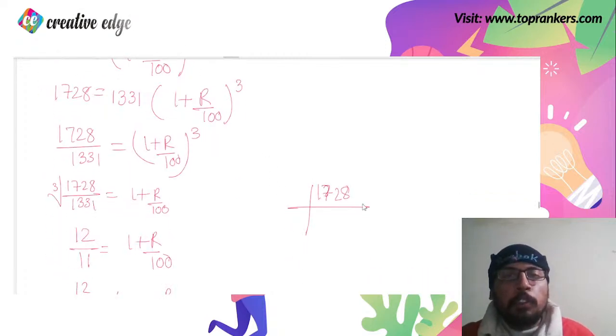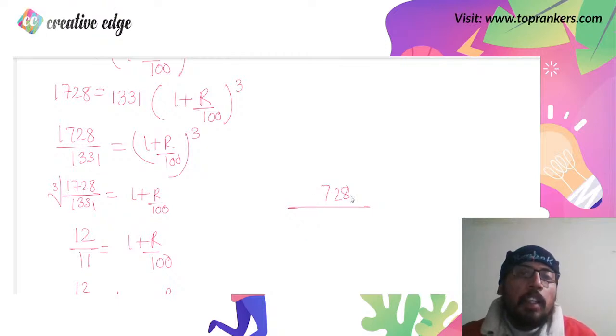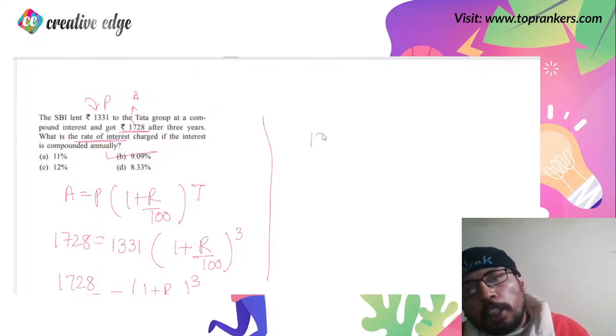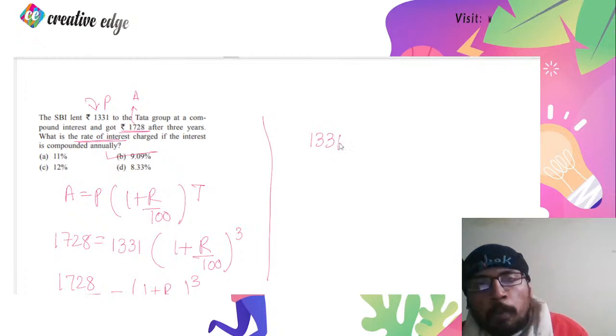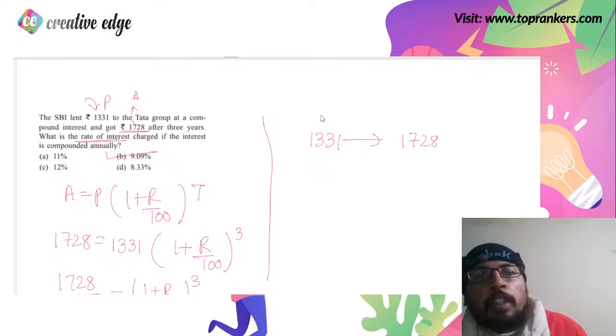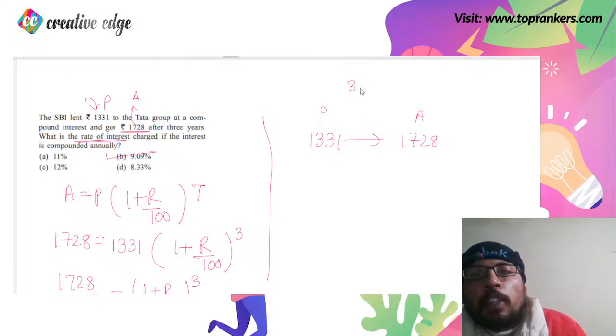The second approach is very simple, very straightforward. Basically, what I can conclude from the question is that this 1331 which was lent by SBI to the Tata Group becomes 1728. This is principal, this is amount. This principal becomes amount in the span of 3 years.